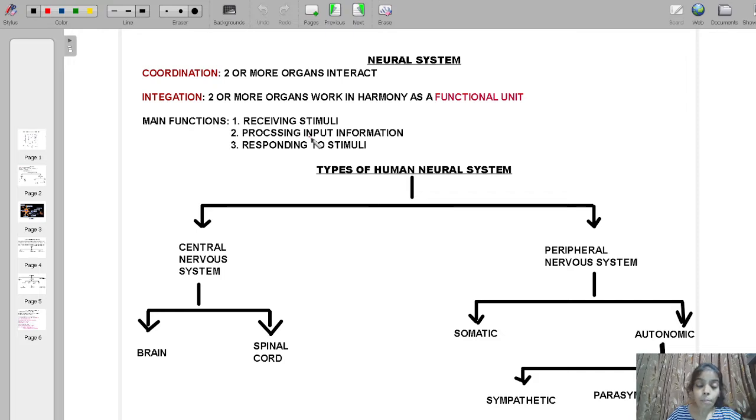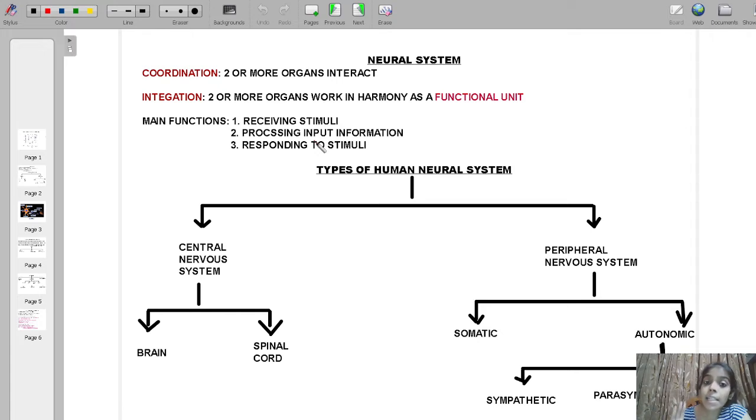So basically nervous system is the CPU. It is processing the information and then telling us how to react, how to respond, what will be the output, and then generating the output, which is response. So processing the input information and responding to the stimuli: these are the three main functions of nervous system.